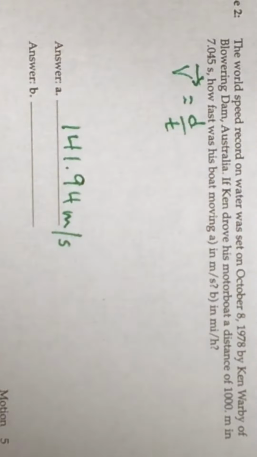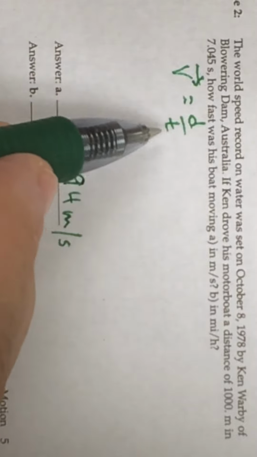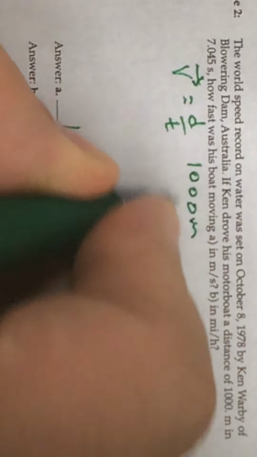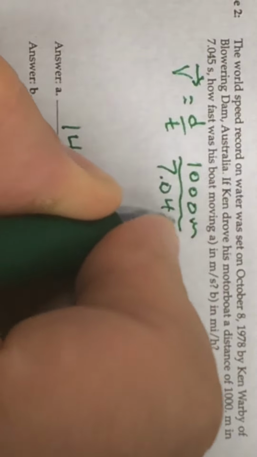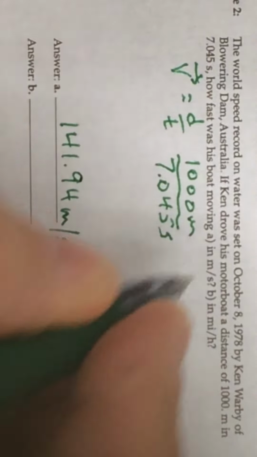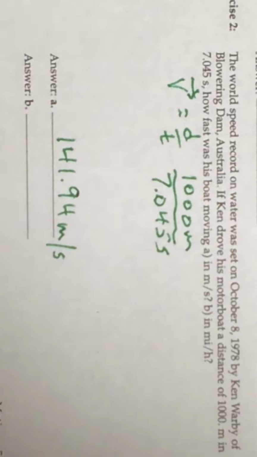Okay, so I want to know his velocity, so I'm going to keep it in this formula, and so I have a distance, and I'm going to divide that by the time it took. So I have 1,000 meters, and he's going to traverse that in 7.045 seconds. So your answer is in meters per second, which is a velocity, which is good.